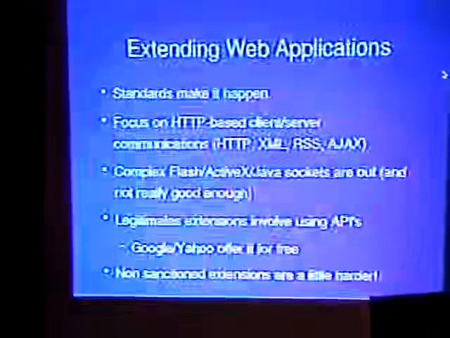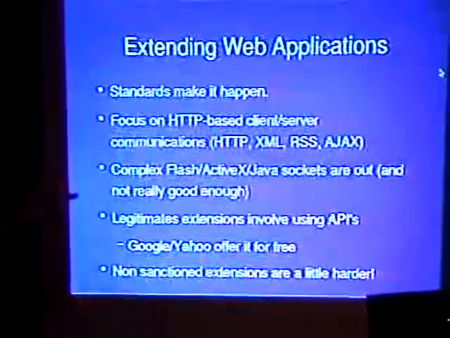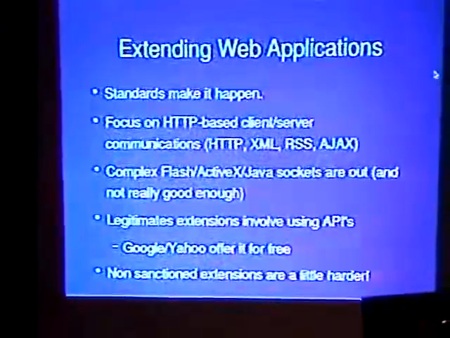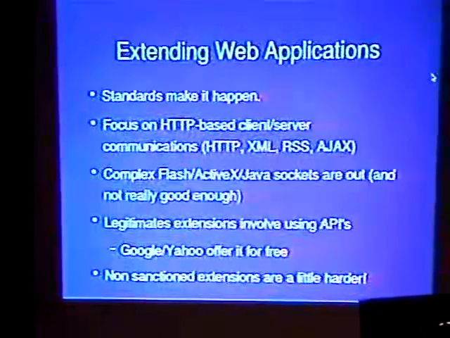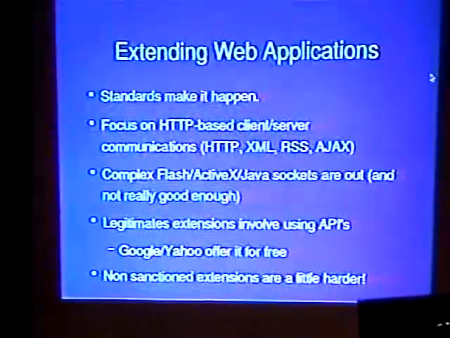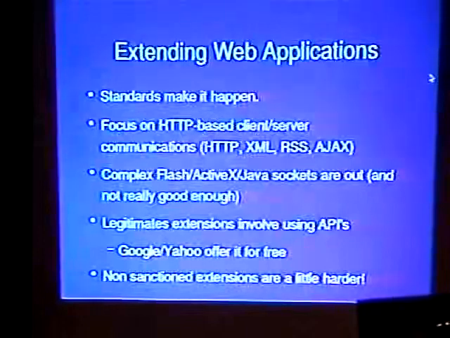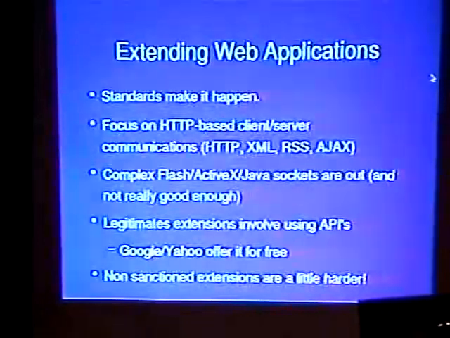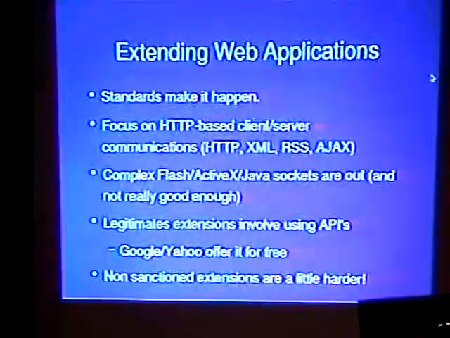Okay, so extending web applications, it's all about standards. We're going to basically be focusing on HTTP-based client-server communications, you know, dealing with HTTP as a transport medium. We're going to be transporting things like XML. RSS is XML basically over HTTP with some type of structure, and AJAX is a way for applications to make these arbitrary connections.